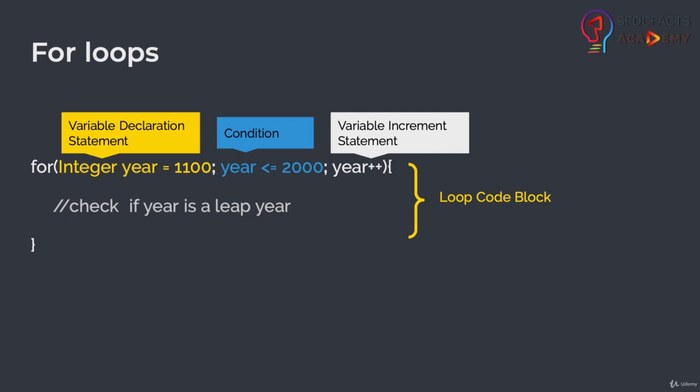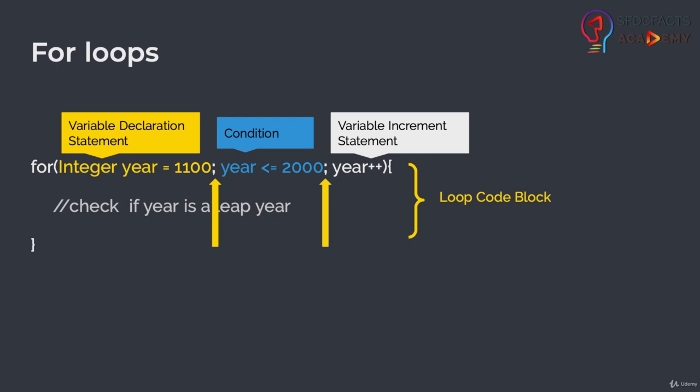The second statement is always the condition, and the third statement is always the variable increment statement. And these three different statements are separated by these semicolons. So when you put these semicolons, the Apex compiler knows that one statement ends here and the next statement starts. So this is how a for loop works.